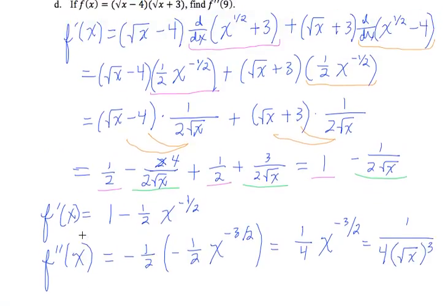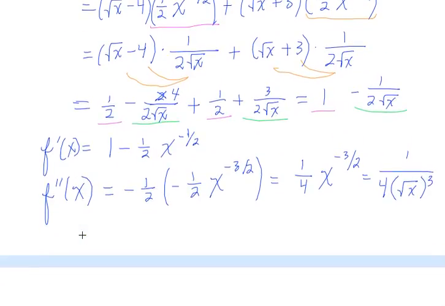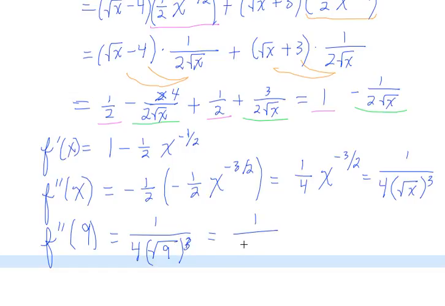We need to find f double prime of 9. So let's plug in 9 for x now that we have the second derivative. So we get 1 over 4 times the square root of 9 cubed. Okay, square root of 9 is 3, so 1 over 4 times 3 cubed.